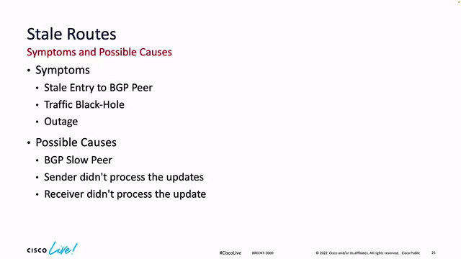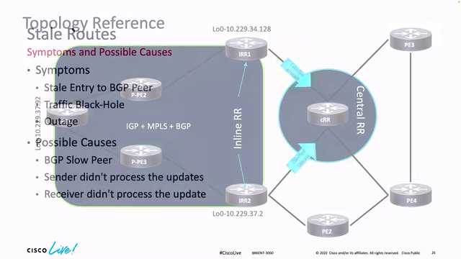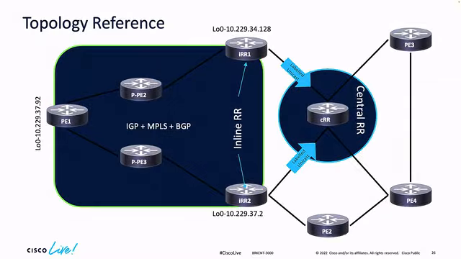A few things to remember here: stale entries can exist at multiple layers. A lot of books won't talk about this. A lot of the books will focus purely on the control plane layer. But a lot of times even your data plane layer may have stale entries. What I mean by that is the router received the latest updates in the control plane.